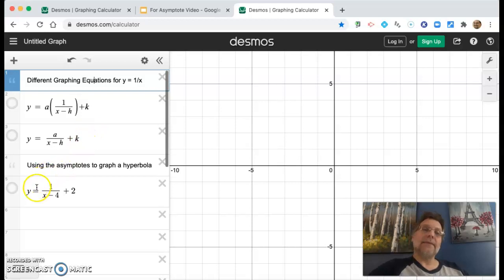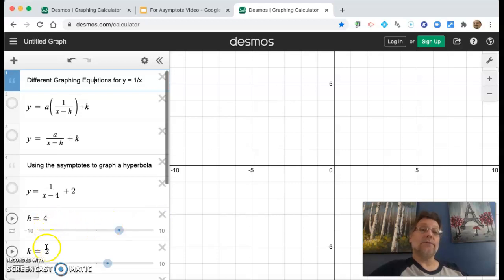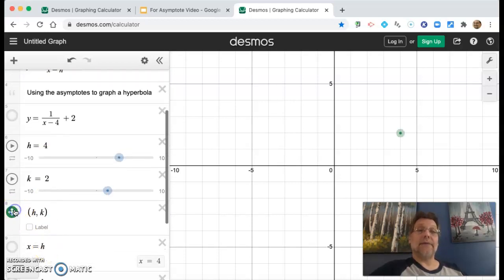So if we look at this equation, our h value would be positive 4. Remember, x minus 4 will give you an h value of 4, and the k value would be 2. So what would that do to our asymptotes? Well, I'm glad you asked. In this problem, the locator point is 4, 2. So if I graph that locator point, 4, 2 is your locator point.